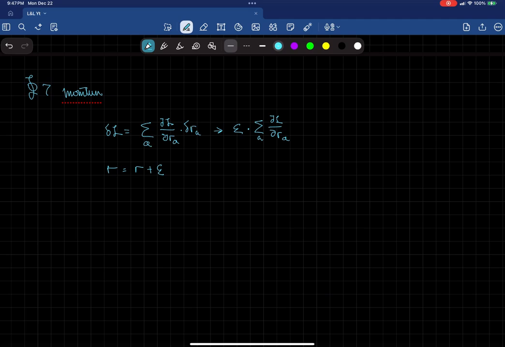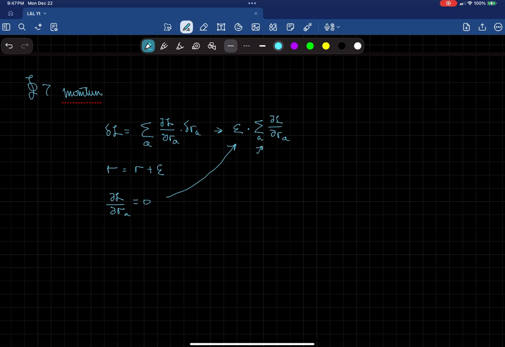Now, stemming from the original laws of the Lagrangian and the Euler-Lagrange formula, we have del L del RA equal to 0. Now, the only way that this can hold in our assumption here is, since our infinitesimal change is not going to be 0, the only way that it holds is if this term is 0.